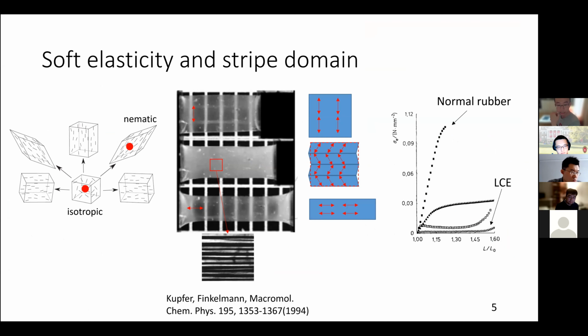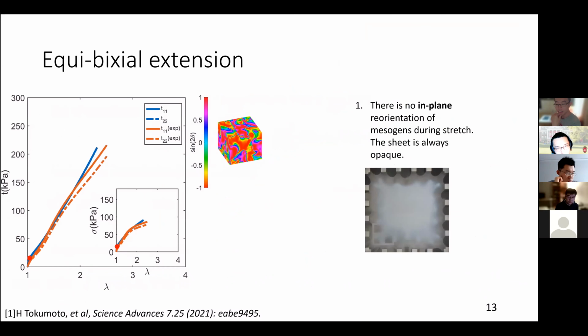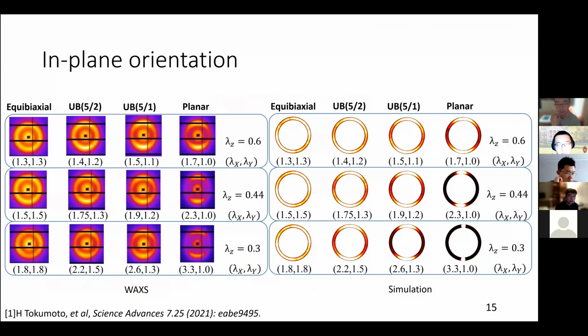Okay, I see. Can you go back to your page 15, probably? Yeah. Okay, so if I understand correctly, the experiment starts with a polydomain nematic phase. Yes, polydomain nematic phase.